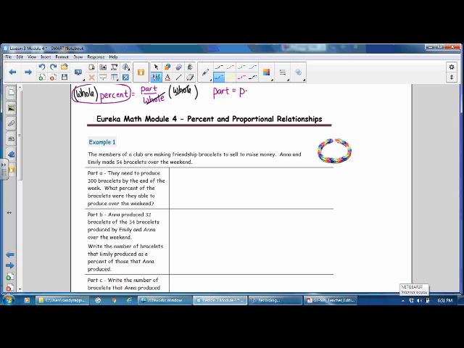I'm going to rewrite that as the percent times the whole. And then we know now that the part is not always smaller than the whole, so we're going to change that word, and we're just going to call it the quantity instead. So the quantity is equal to the percent times the whole. You'll want to memorize this equation or formula.